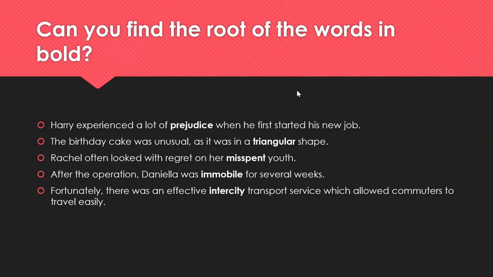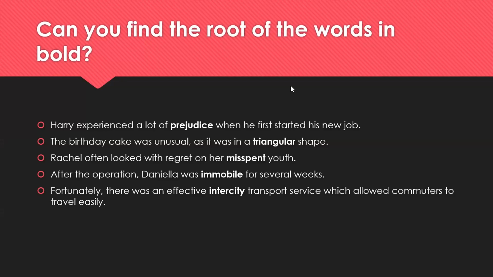You're judging someone when? Think about that prefix. Essentially, yes, a few of you have got it. You judge someone before you know them. That's what prejudice means, right? It means to judge somebody before you know them. So if Harry's experiencing a lot of prejudice, that means people are assuming things about him before they even get to know him.